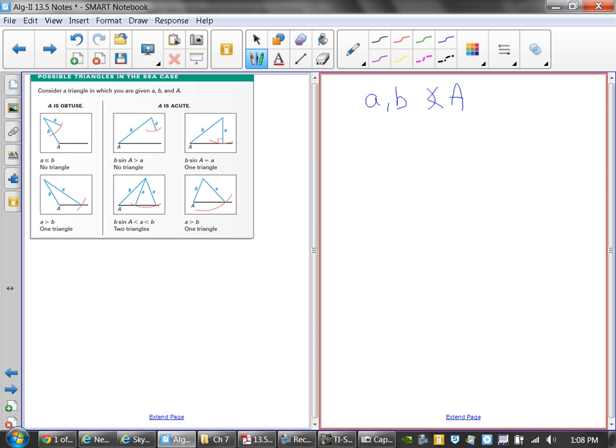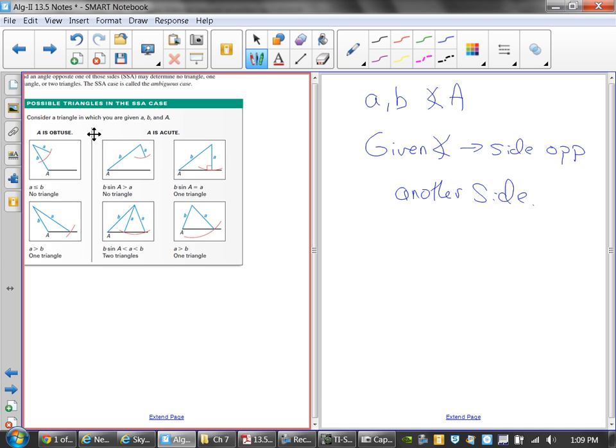What this all means is the given angle and the side opposite, and then another side. So again, of the 2 sides, one of the sides has an angle opposite it, the other side does not. That's how they're pairing these things together into the 6 possible scenarios.